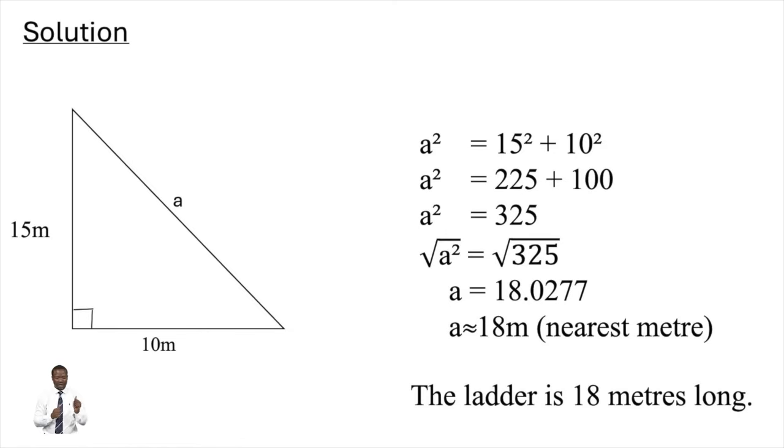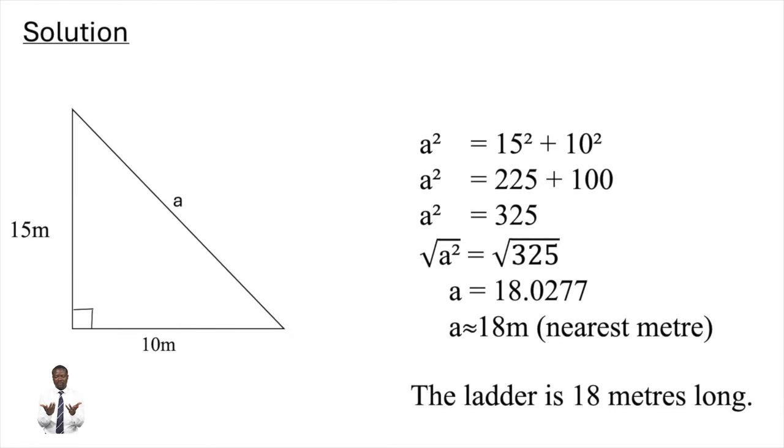15 squared gives us 225. 10 squared gives us 100. Putting them together, we have 325. For us to be able to find a, we must take the square root of both sides. So we have the square root of a squared being equal to the square root of 325.